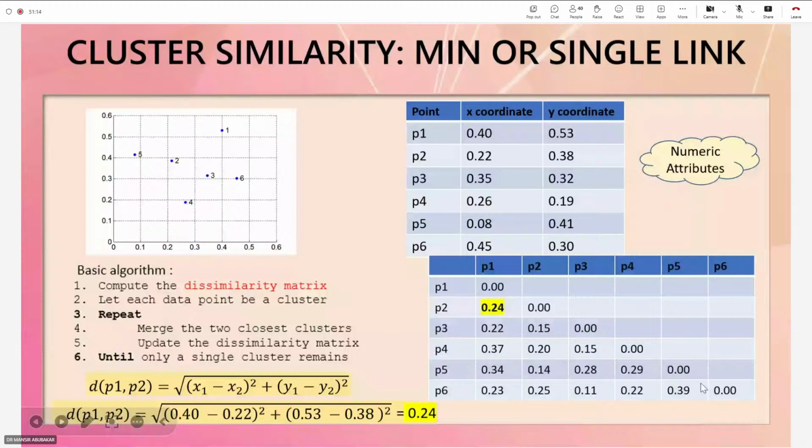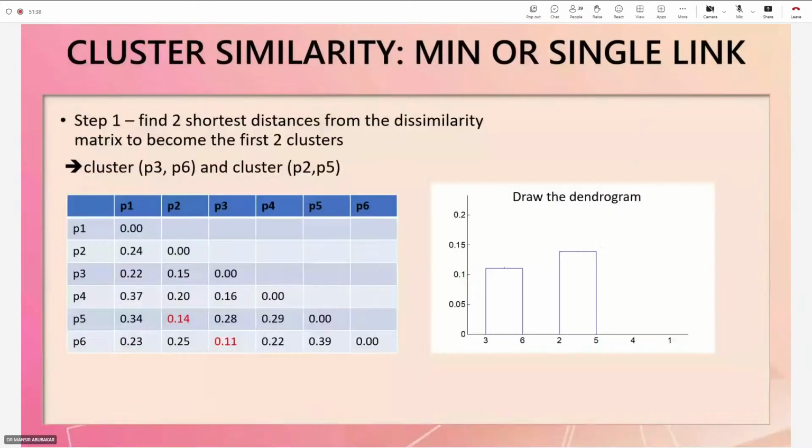P1 to P1 definitely is 0, P2 to P2 is also 0. But now we have seen how we substitute the values to get P1 to P2. Then we can get P1 to P3, P1 to P4. We have already given you the values, so you can confirm when you have leisure time to make sure that the values are the same.